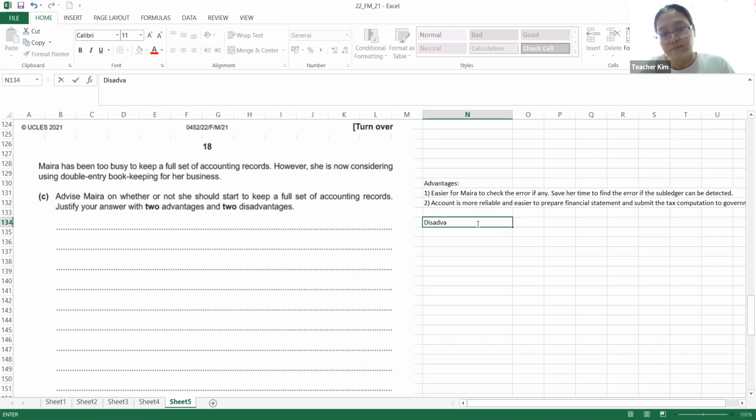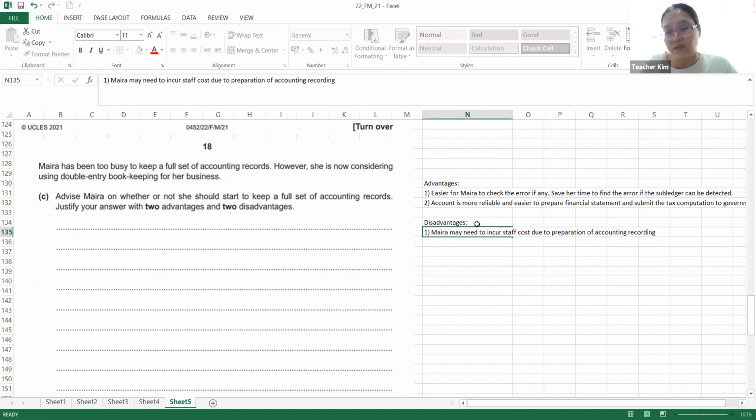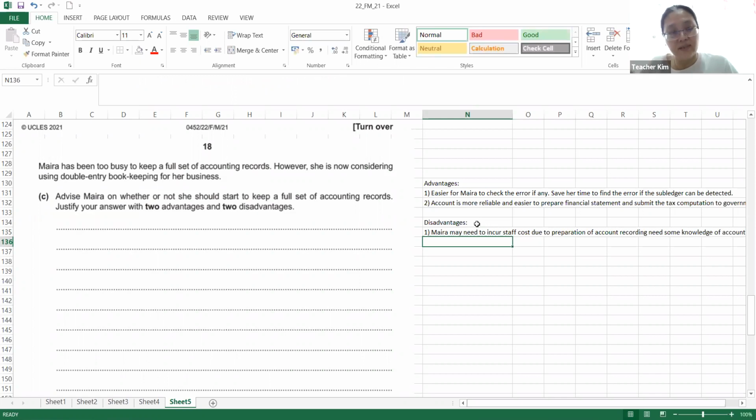Disadvantage is Maria may need to incur staff costs due to preparation of account recording, and need some knowledge of accounting standards. So this is an extra disadvantage that appears.